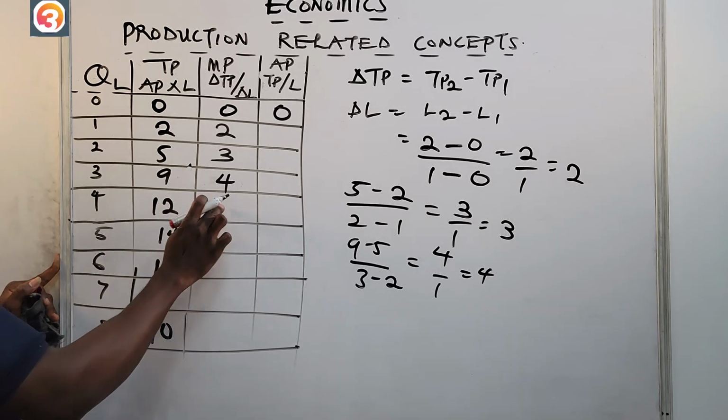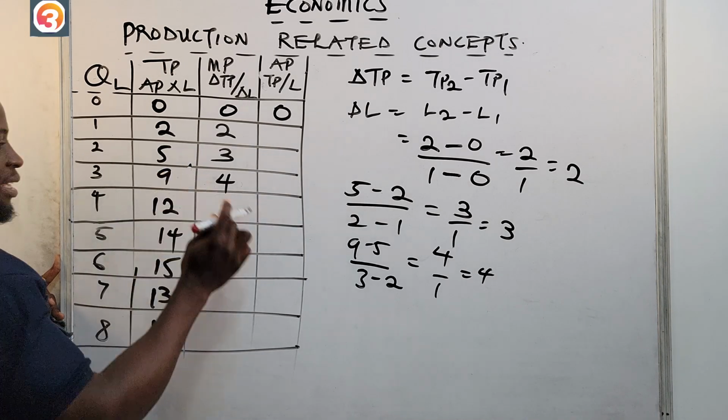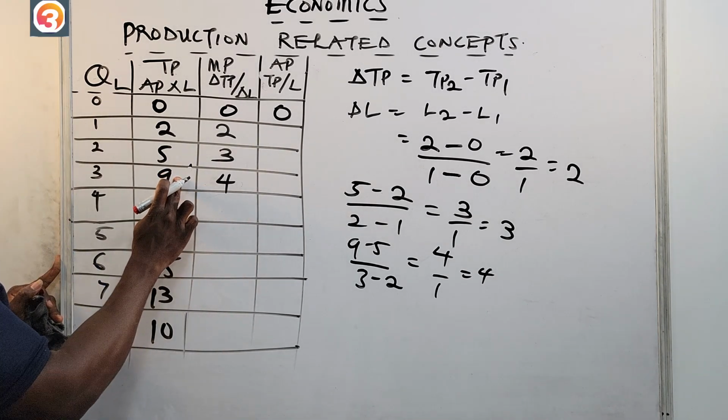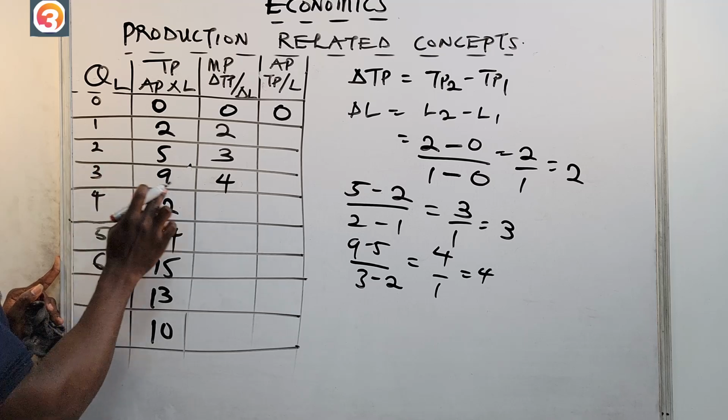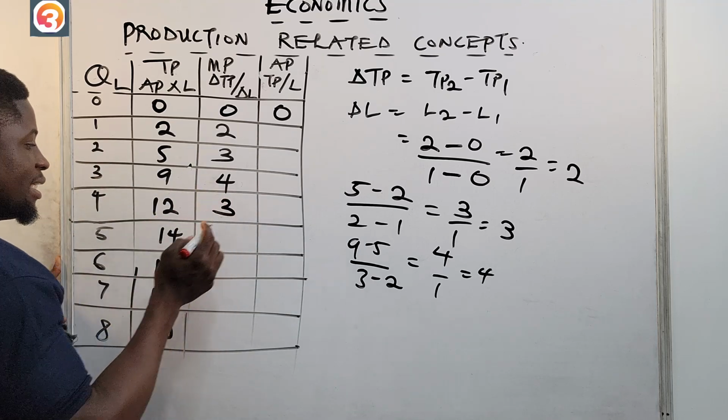Now for this fourth stage, it is between 12 and 9. 12 minus 9 is 3, and 4 minus 3 is 1. 3 over 1 is 3.